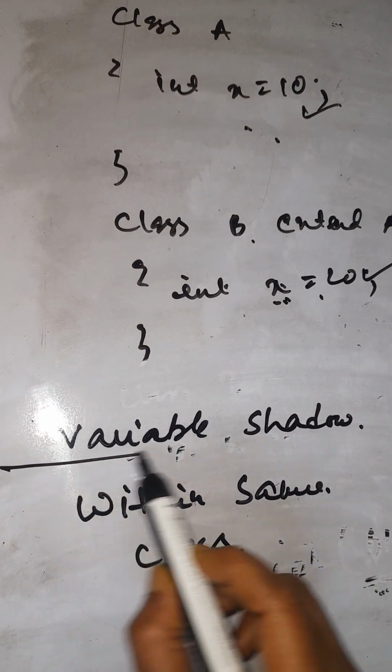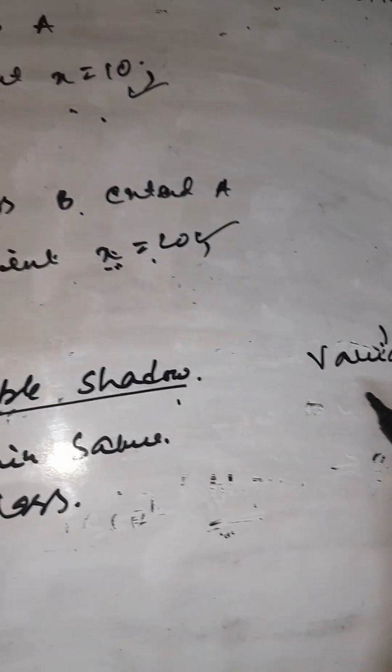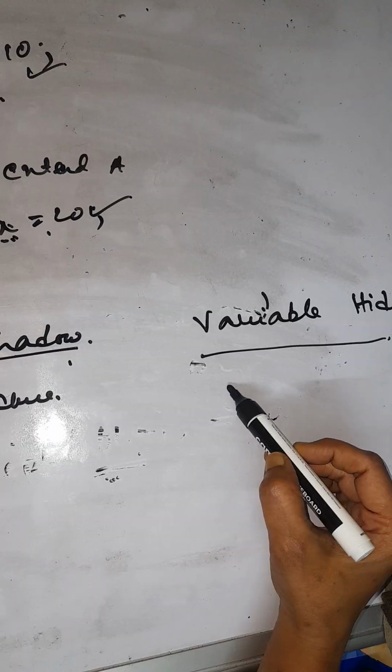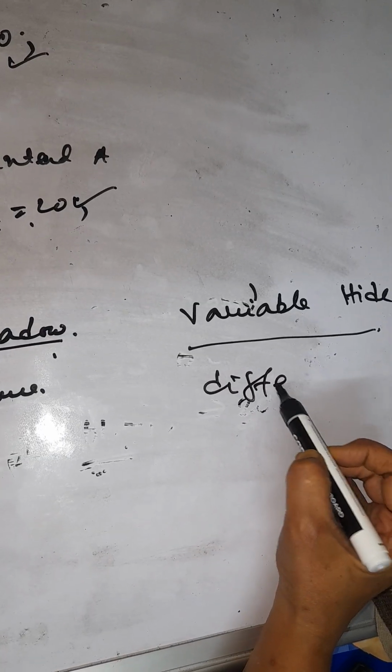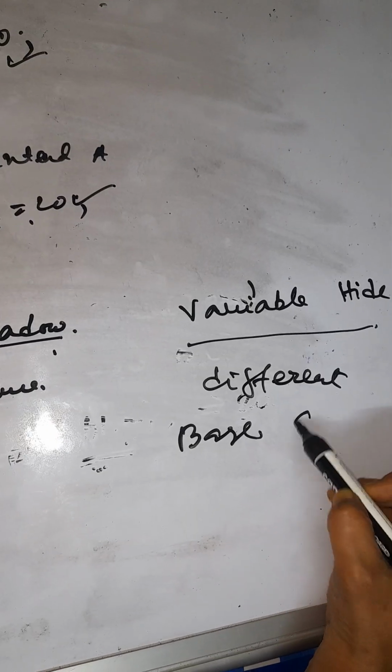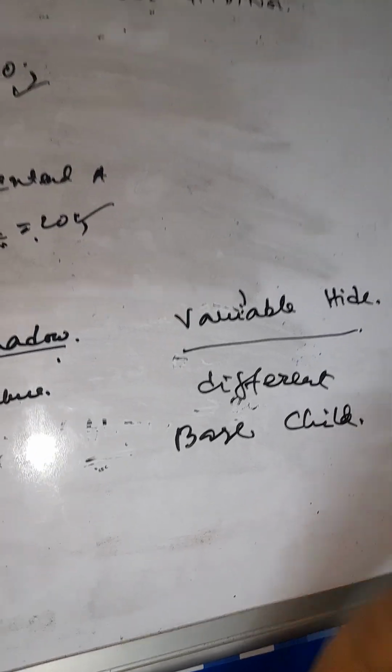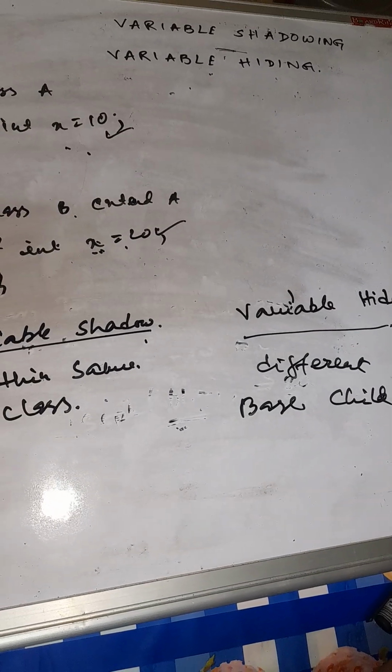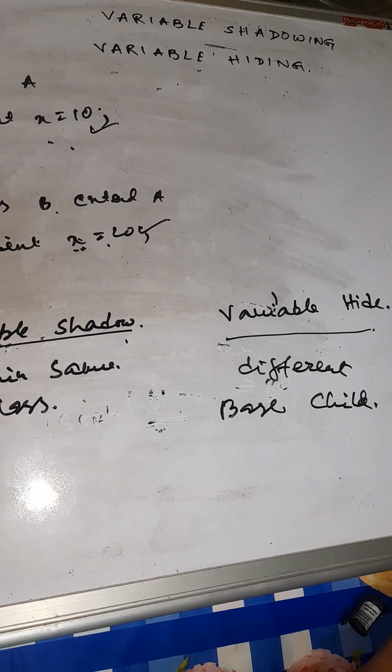That concept is variable shadowing. But variable hiding occurs in different classes. If the variable name is the same in your base class and child class, then that concept is variable hiding. I hope this is clear for all.